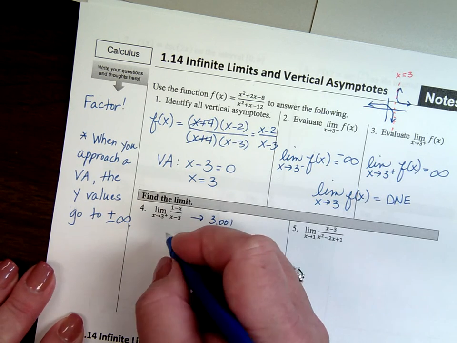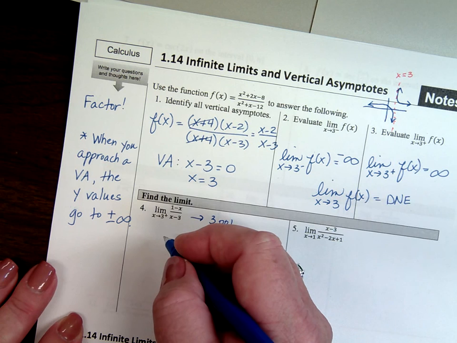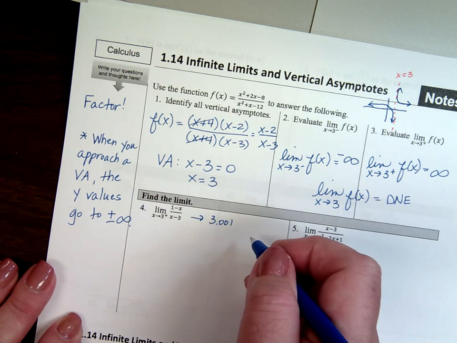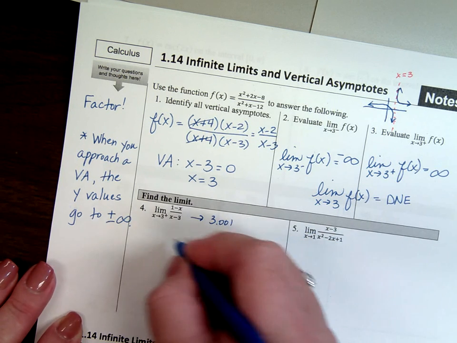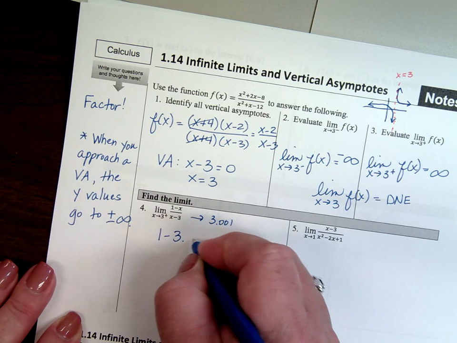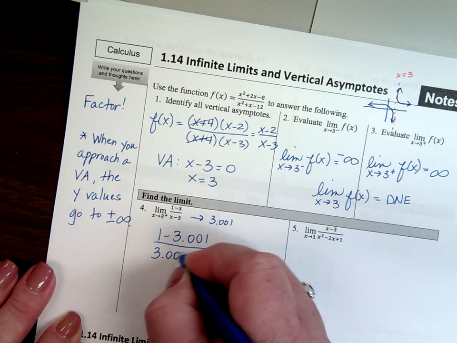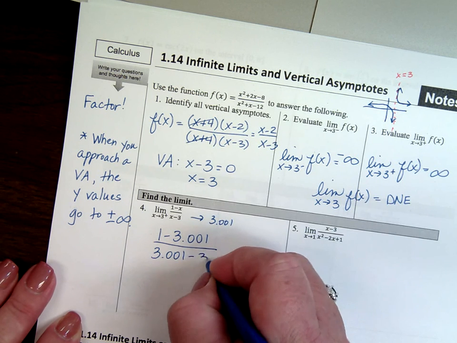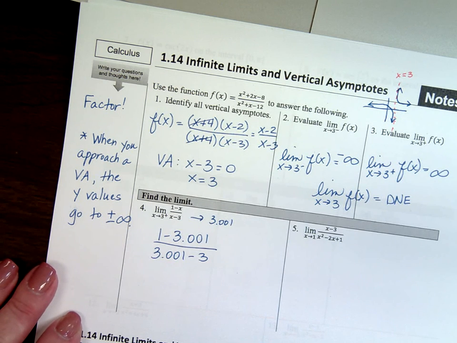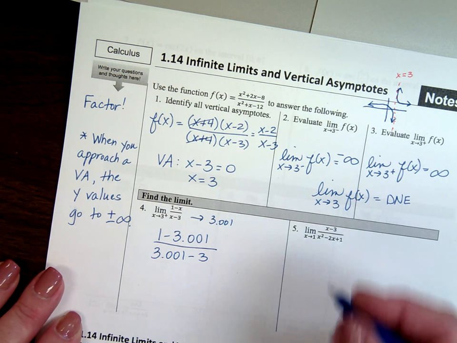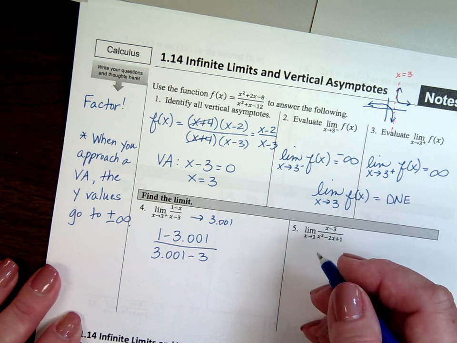So if I'm plugging this in, I'm doing 1 minus 3.001 over 3.001 minus 3. Now, kids, this is all about positives and negatives.